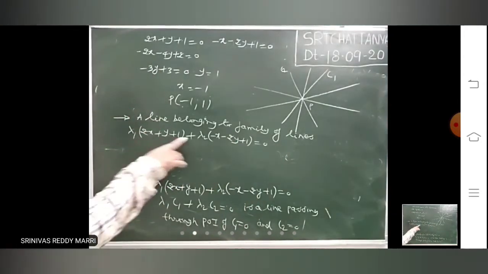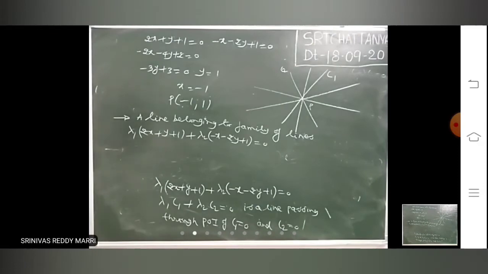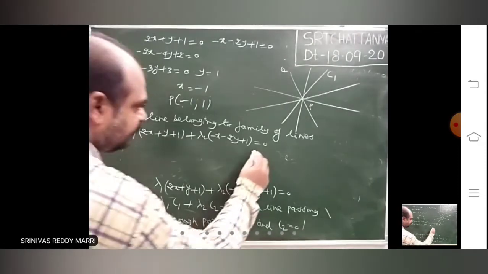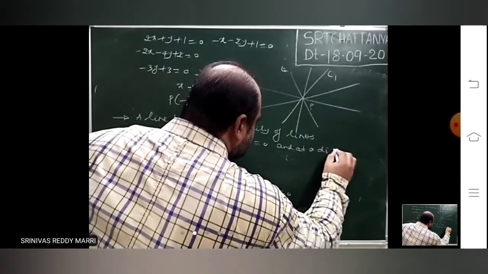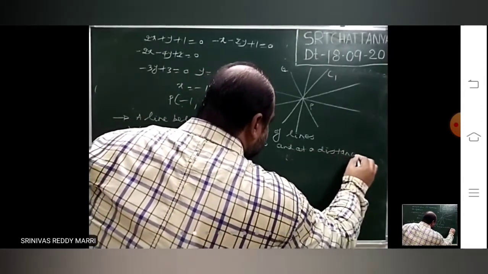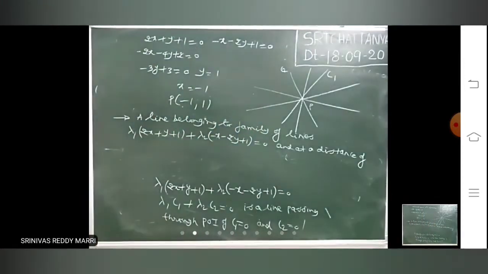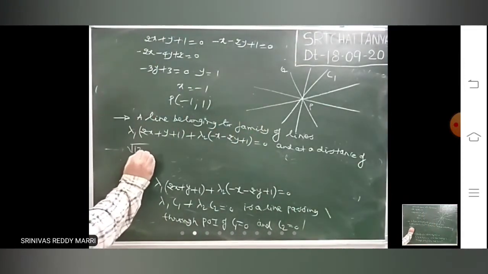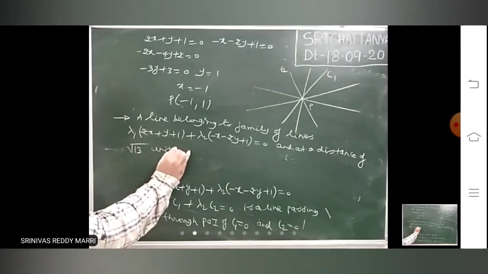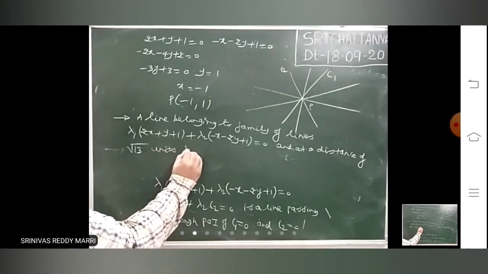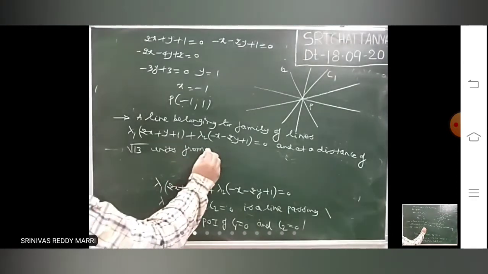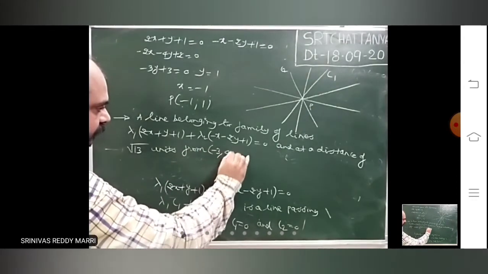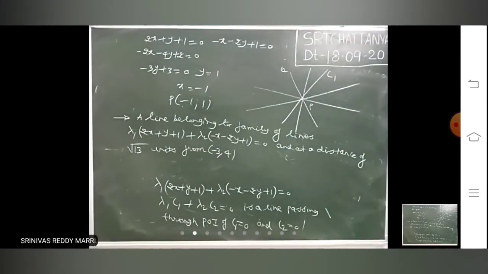I want a line belonging to this family and at a distance of root 13 units from minus 3 comma 4.